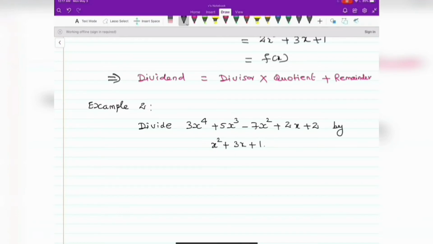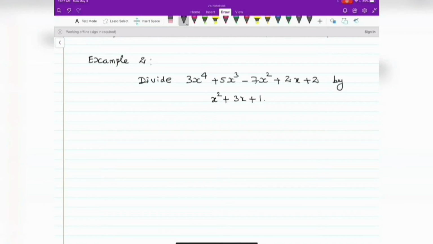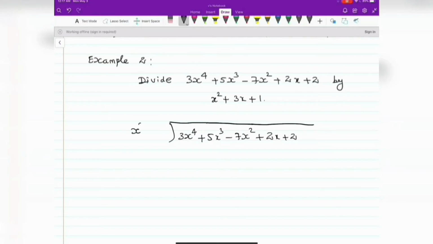So straight away I can start dividing the polynomial 3x power 4 plus 5x cube minus 7x square plus 2x plus 2 by x square plus 3x plus 1. If you see the first term, I want 3x power 4.